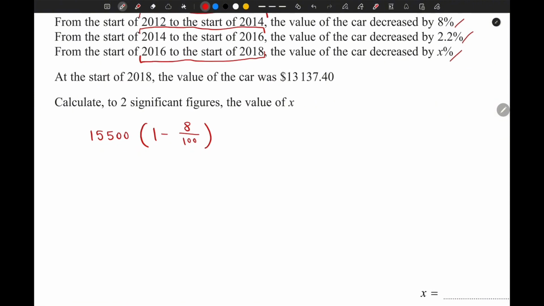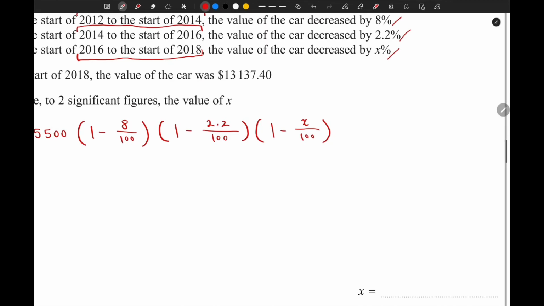Now in the span of the next year, the value of the car decreased by 2.2%. So this would be 1 minus 2.2 over 100. Now in the next part, it decreased by X%. So it's 1 minus X over 100. And the final value is 13,137.4.